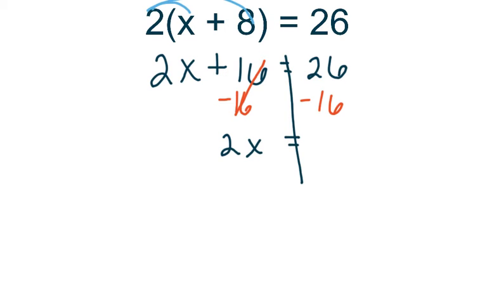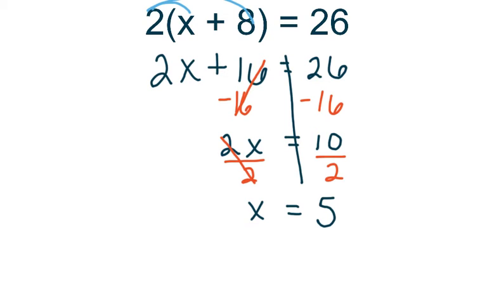Over here, 26 minus 16 is 10. And now since x was multiplied by 2, I need to do the opposite, which is divide by 2. It causes my 2s to cancel. And I'm left with x equals, and then on this side, I take 10 divided by 2, and I get 5. So x equals 5.